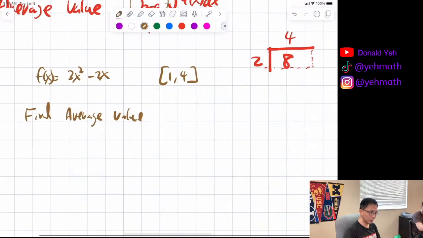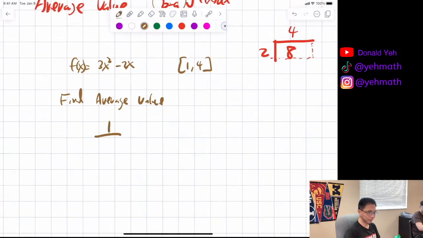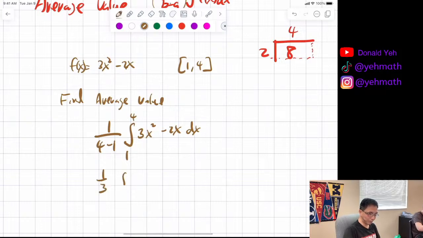So it's going to be 1 over 4 minus 1, right? And that's the integral of 3x squared minus 2x dx from 1 to 4, so it'll be 1 over 3.